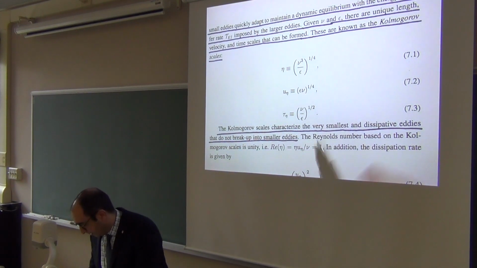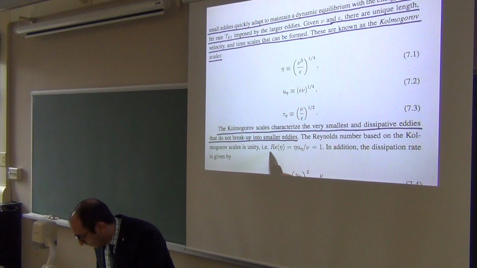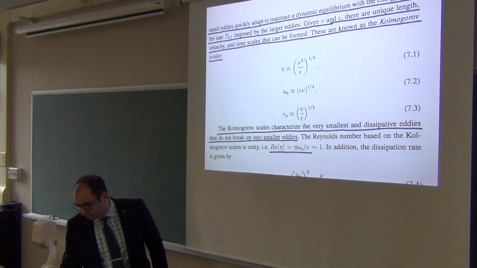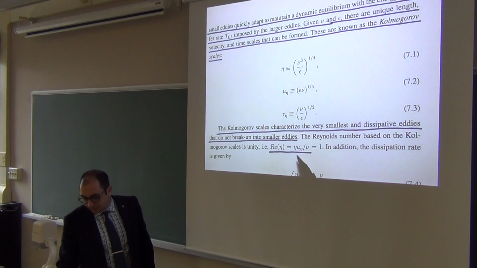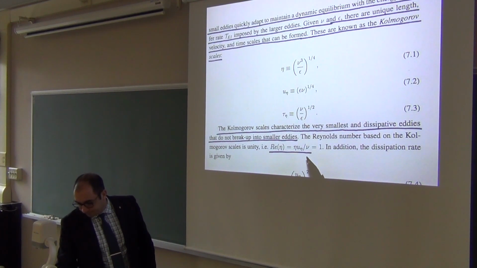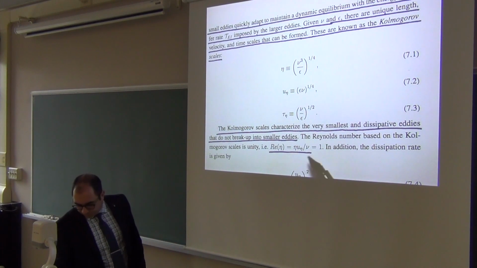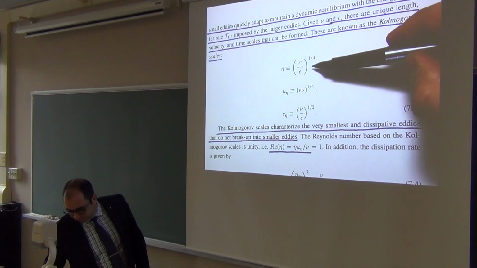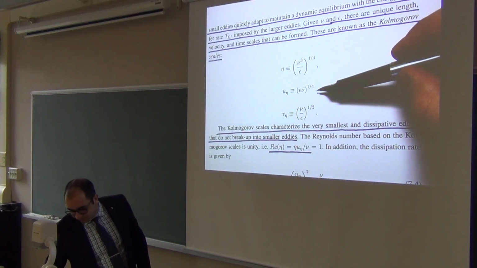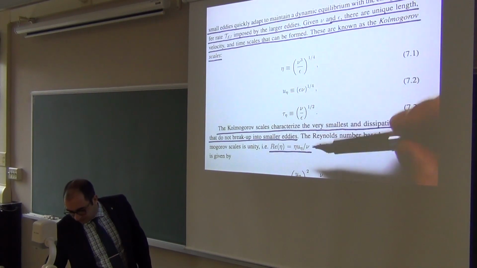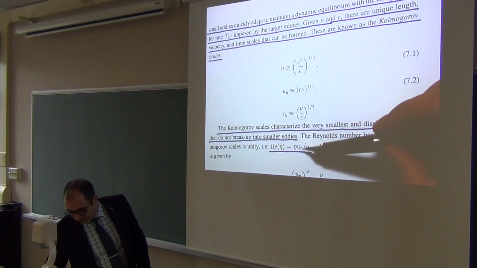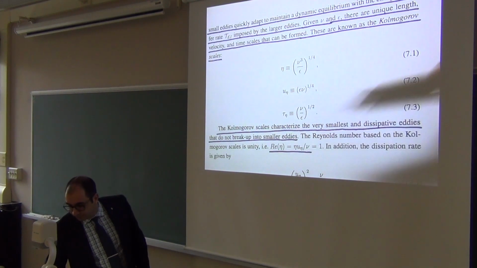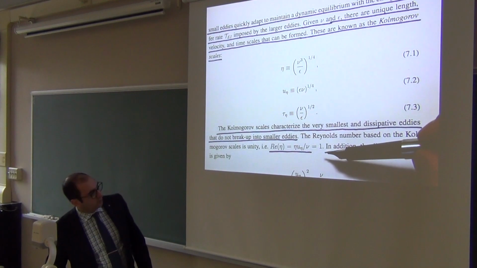You can plug these two length and velocity scales into the Reynolds number and confirm that it becomes 1. It's not hard to see: if you put the Kolmogorov length scale, eta, and the Kolmogorov velocity, u_eta, into this equation, you get nu divided by nu. So the Reynolds number would actually be 1.